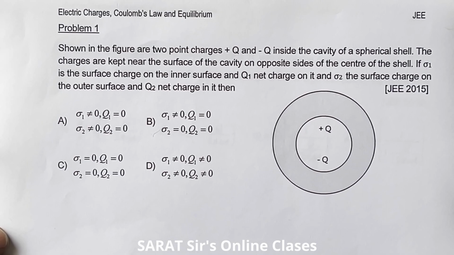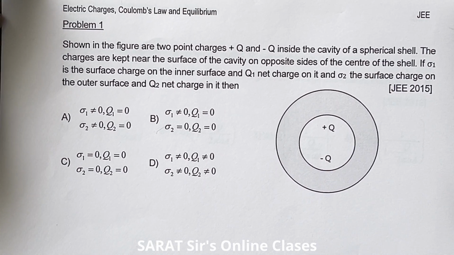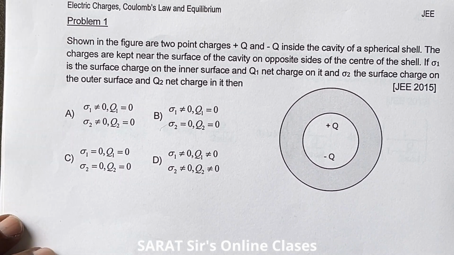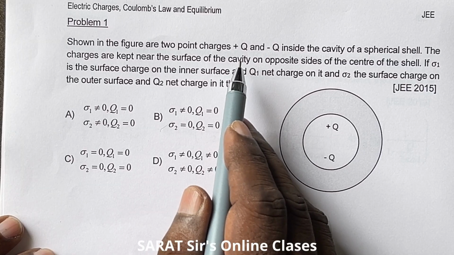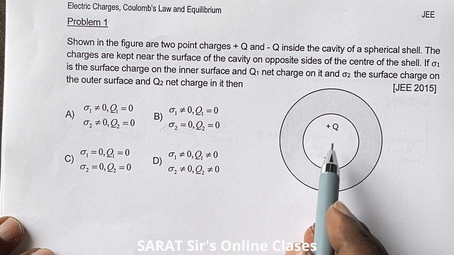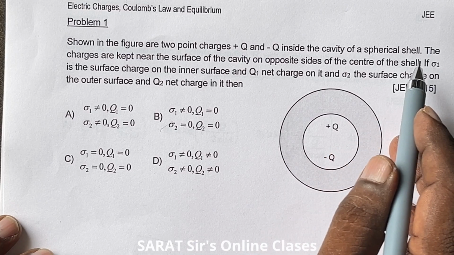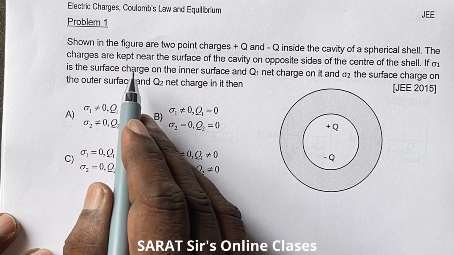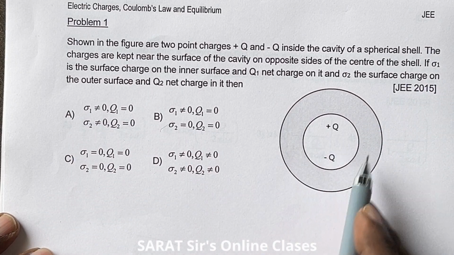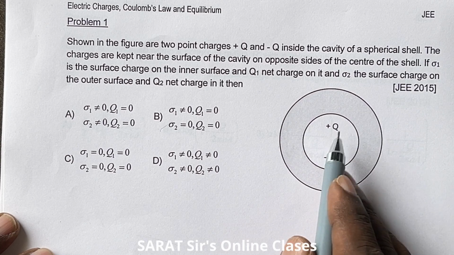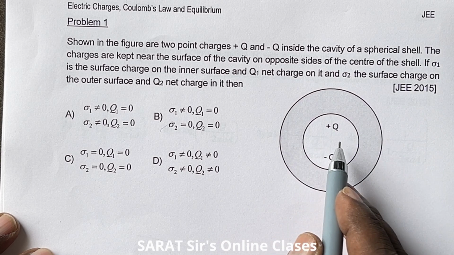In this problem, in the figure, there are two point charges, plus q and minus q, inside the cavity of a spherical shell. The charges are kept near the surface of the cavity on opposite sides of the center of the shell.